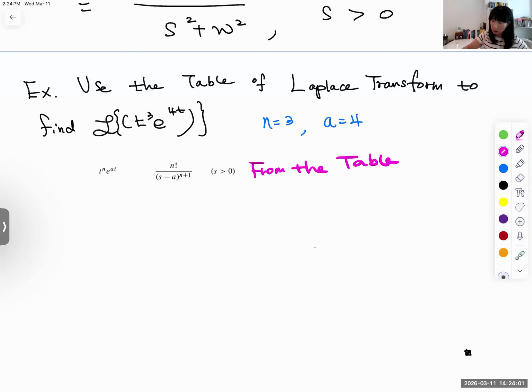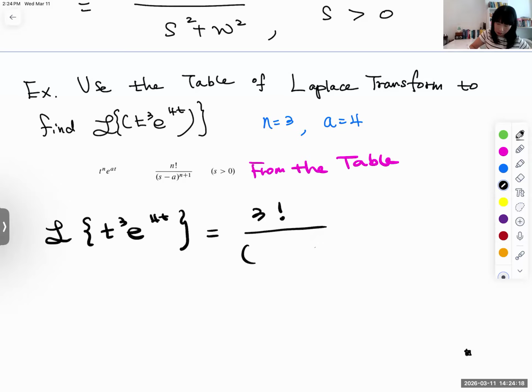Just apply the formula: n factorial, which is 3 factorial, over s minus a to the n plus 1, where s minus a indicates s minus 4, and n plus 1 is 3 plus 1.